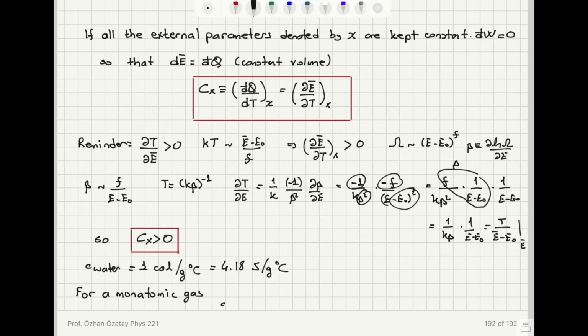We found that the mean energy per molecule was 3/2 kT, and the total mean energy was 3/2 NkT, which is also equal to 3/2 νRT, where R is the Boltzmann constant k multiplied by Avogadro's number. So we find that the molar specific heat for this case will be equal to ∂Ē/∂T under constant volume.